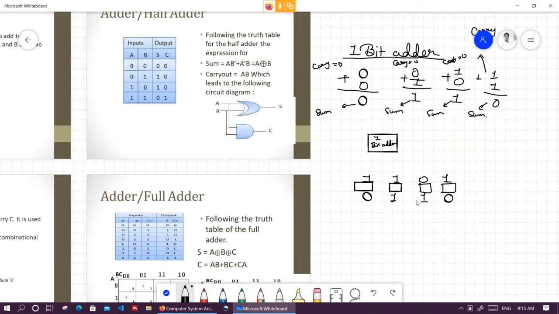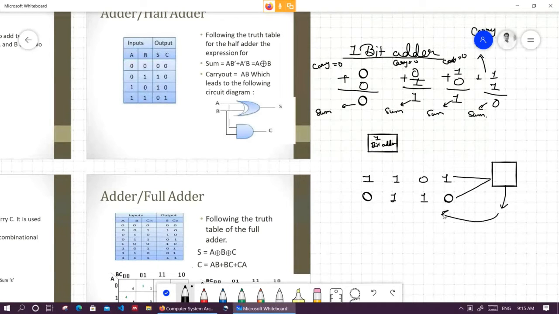This is one design. If you can have more than one adder, another option can be this: this is your 1-bit adder. You take 2 bits and find the result.